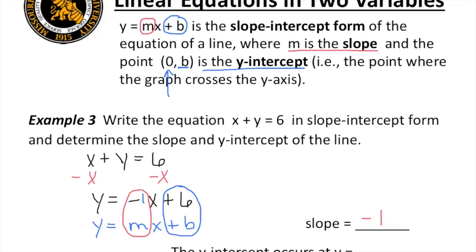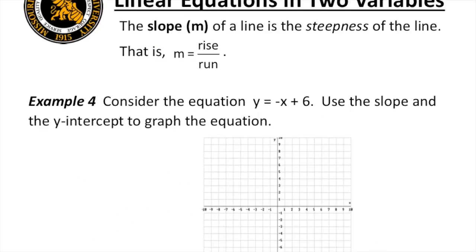So the y-intercept is the point 0, 6, since it lies on the y-axis, and the y-intercept then occurs at the value y equals 6.